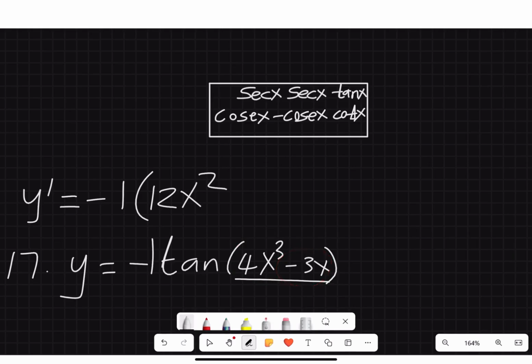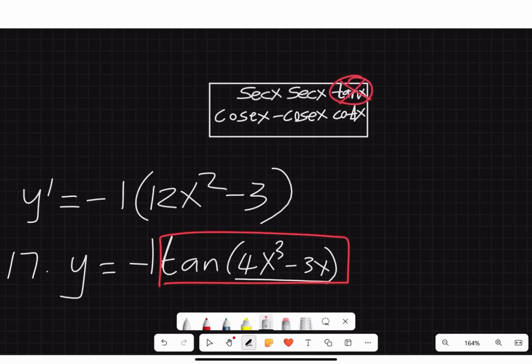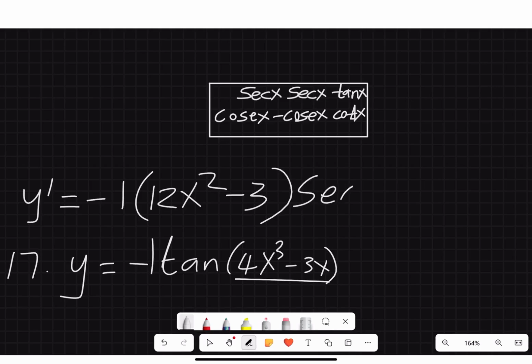So it's going to be minus 3, which multiplies by this. The derivative of tan, remember you need to use the table. So the tan cancels, so you have sec times sec, which is sec squared. So I'm going to have sec squared, and then the angle was 4x cubed minus 3x.